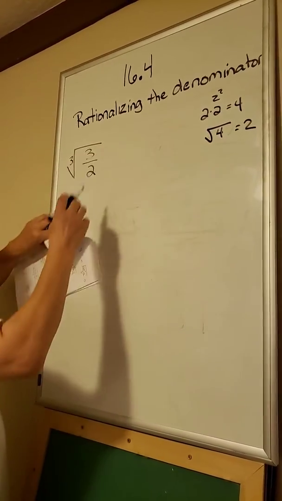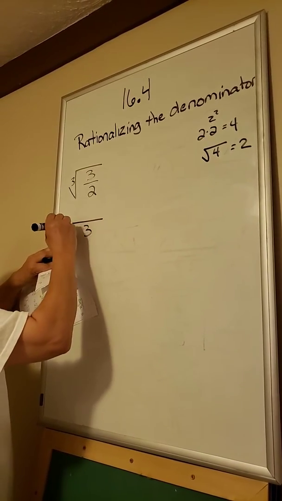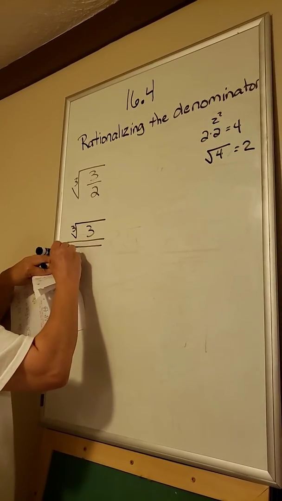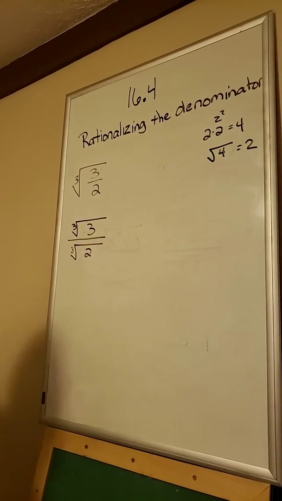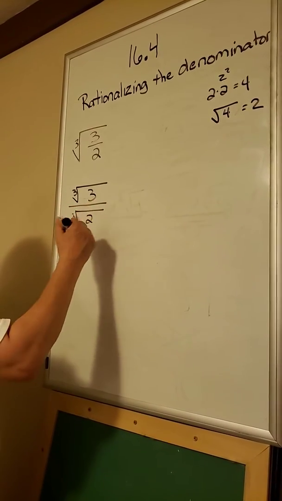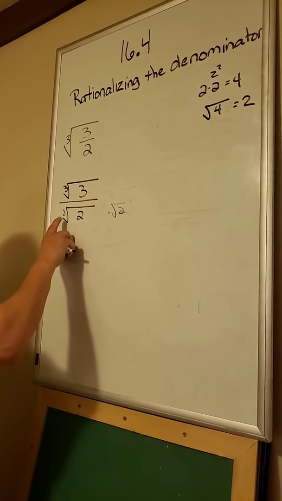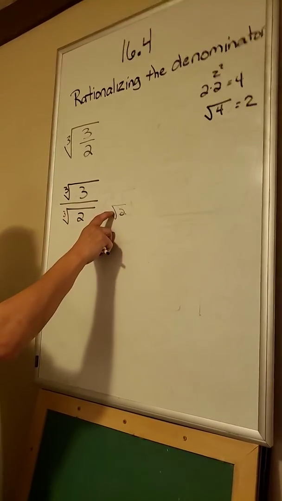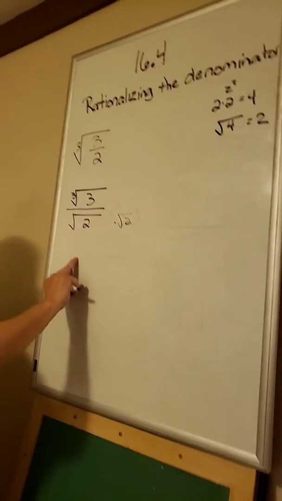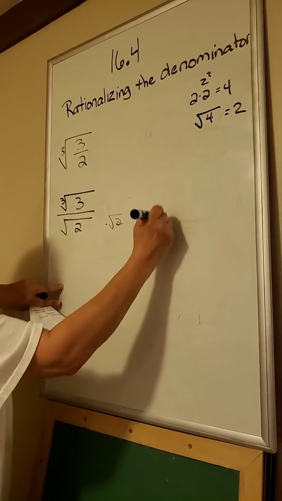Now, when I'm talking about perfect cubes, let me go ahead and write this out. I'm writing these separately. So, when I'm talking about cubes, this isn't just as easy as saying, okay, I'm going to move the radical by multiplying it by radical 2. Because this index number is a 3 and this index number is a 2. The reason that this works when they're just square roots is because 2 times 2 is 4.